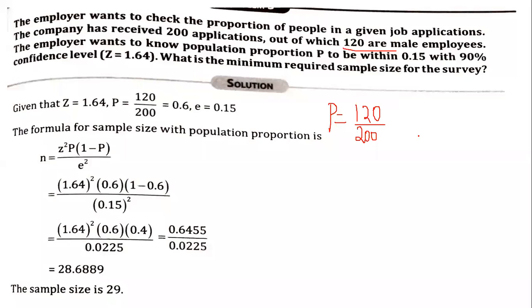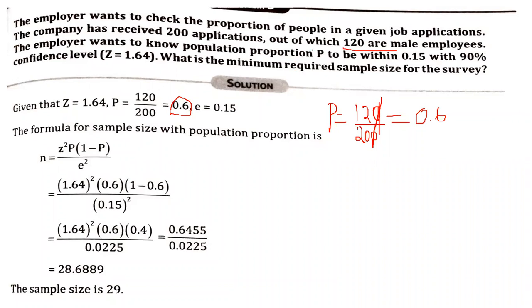This is one of the proportions that I know from the problem. So 120 by 200, the zeros get cancelled, 12 by 20 gives me 0.6. So this is the population proportion that we have here.